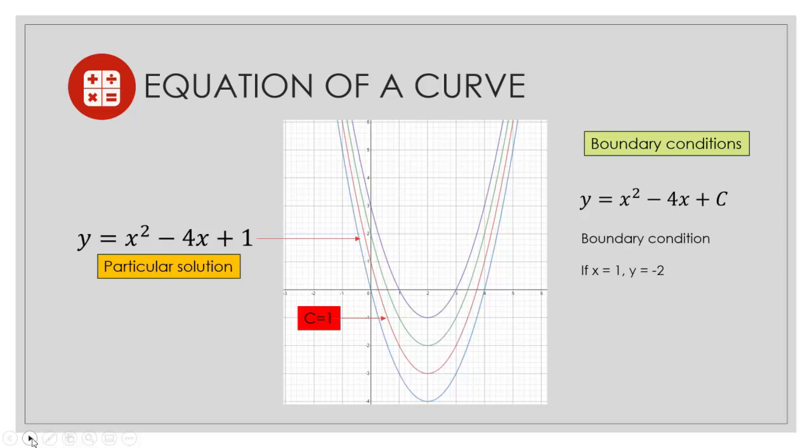You can see that the curve of the particular solution that we are trying to find passes through the point (1, -2), which is the boundary condition that we have just set. So by substituting the values of x and y stated in the boundary condition into our general solution, we will finally be able to compute the value of the constant c. And by substituting this value of c into our general solution, we will finally get the particular solution that we are concerned with.